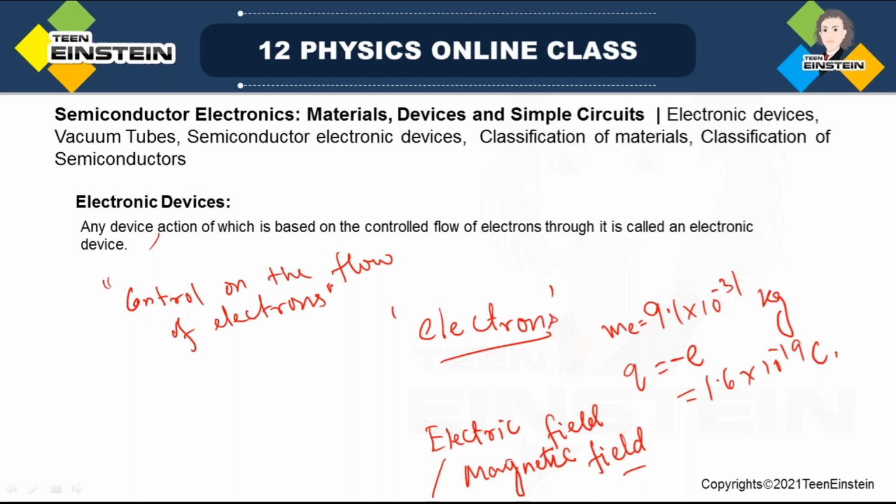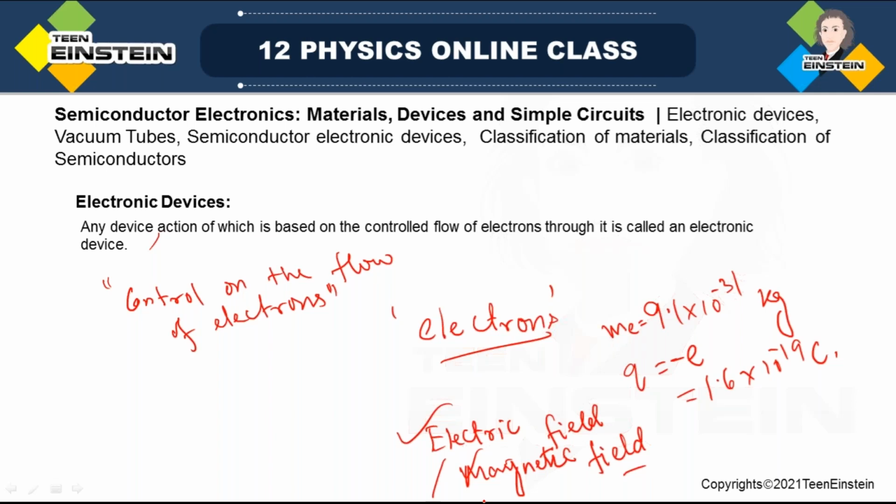This is the main point. Any device where electrons are controlled is called an electronic device. There are various processes to control the direction or motion of the electron. Like you can use electric field, you can use magnetic field, etc.